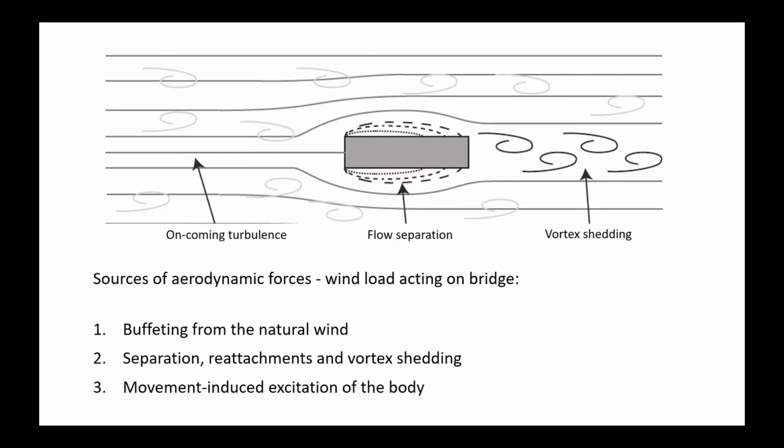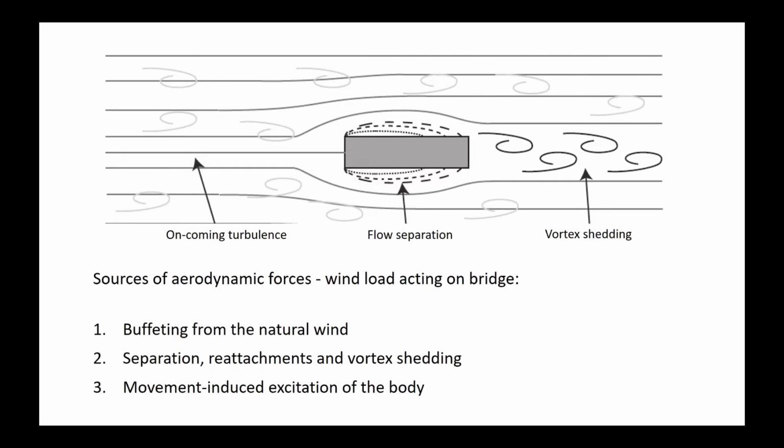And where this all becomes complex is when we look at these sources of the aerodynamic forces that act on bridges. So the wind loading, these aerodynamic loads, these forces, generally come from three key sources. The first being the natural wind and the buffeting or the drag forces that occur on the bridge.